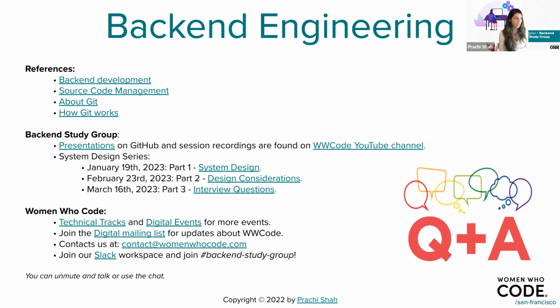The next sessions we have in Q1 next year are on system design. I'm going to do a 3-part series, one each month. The first session would be about system design. Next is the design considerations when you are designing complicated systems where you have to think about scale, reliability, data modeling, etc. And part 3 would be looking at real interview questions.